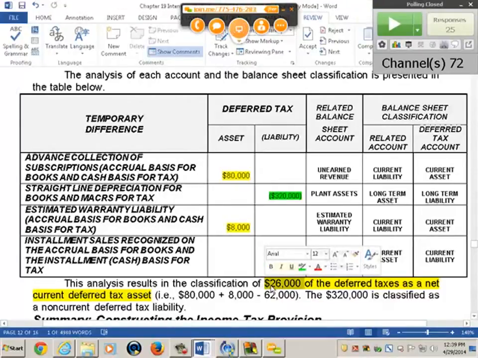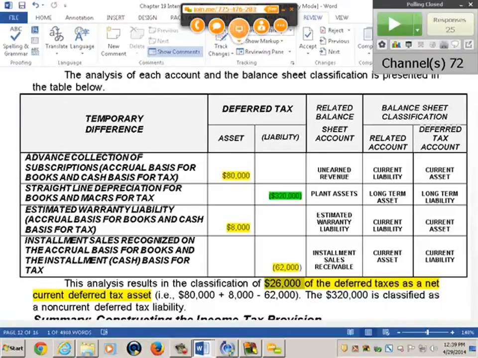So if we look at the balance sheet, under current assets, you have a DTA of $26,000. You were able to net these out because the right to offset was assumed to exist. All of these, let's say, are from New Jersey.